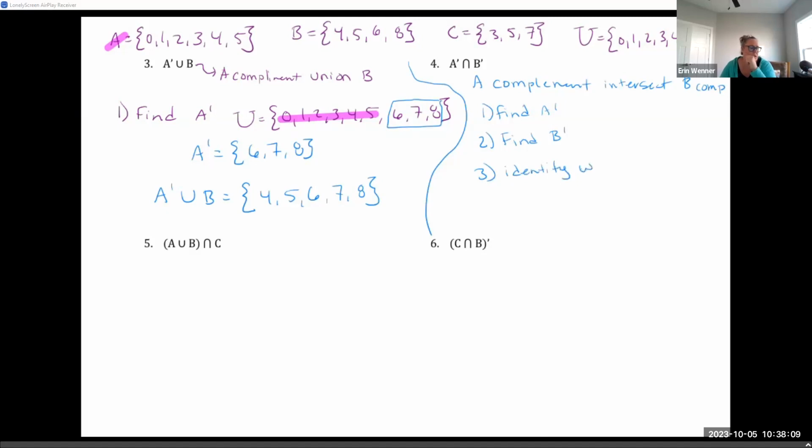So I want you to identify what A complement is, what B complement is, and then tell me where those two overlap. We already know A complement from number 3, right?